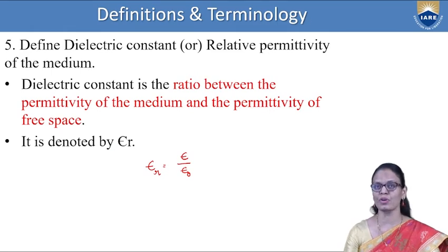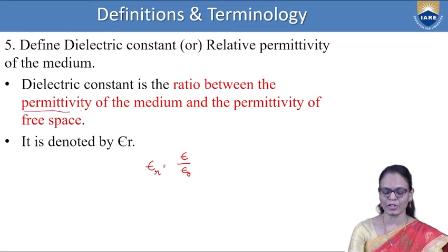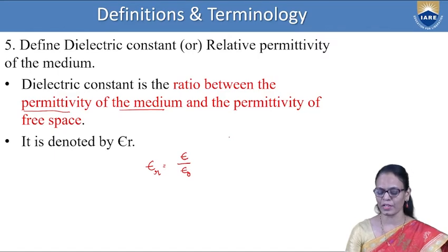It is the ratio of permittivity of the medium. Epsilon here denotes the permittivity of the medium.